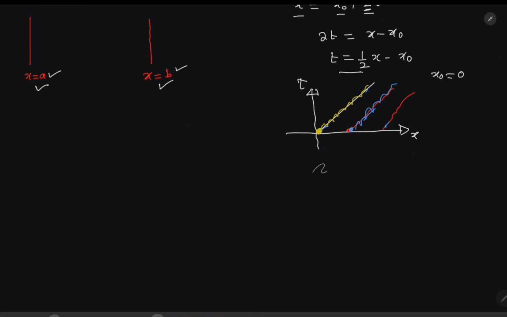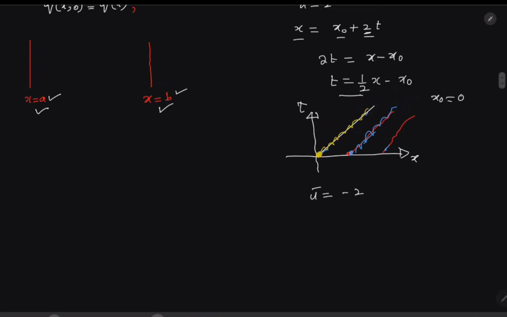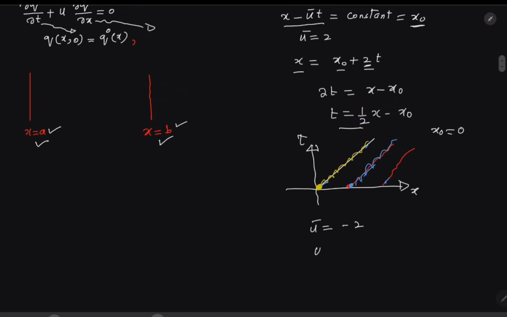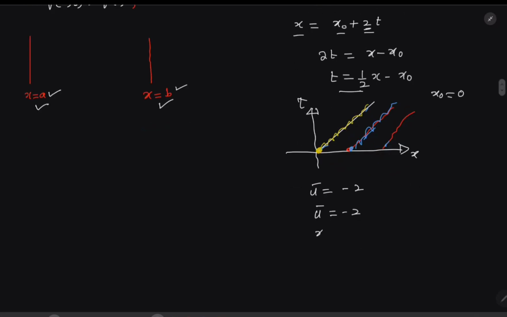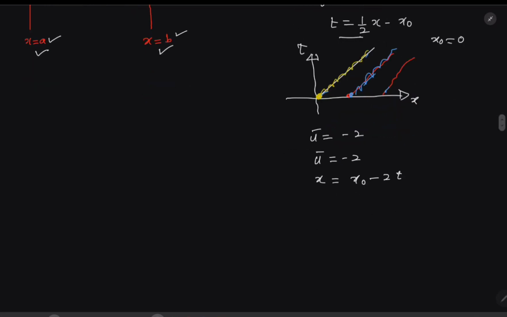For example, we have u bar is equal to minus 2. It means that the wave q, the wave of pressure or any other variable, is moving from right to left. In that case, u bar will be equal to minus 2 and x is equal to x naught minus 2t.